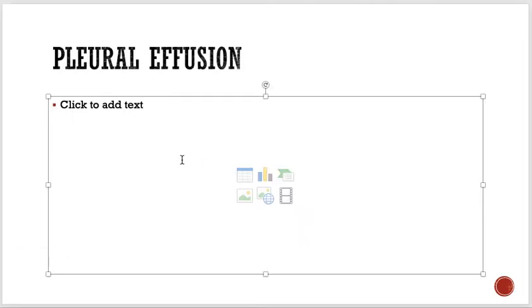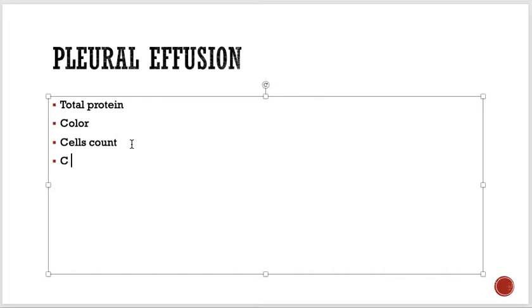What they can check is total protein, the color, and the cell count. They can do culture and sensitivity. They can check the LDH levels and the pH.